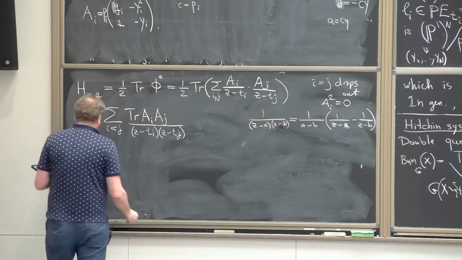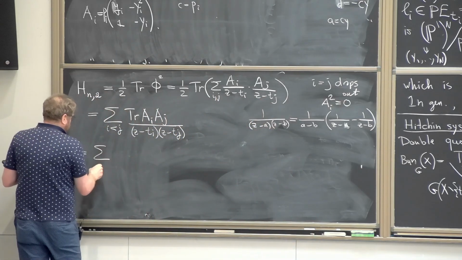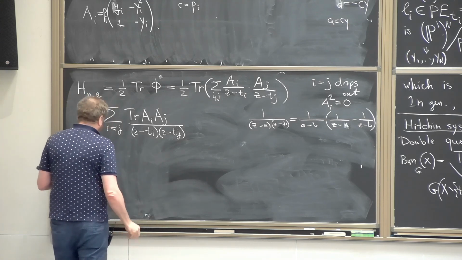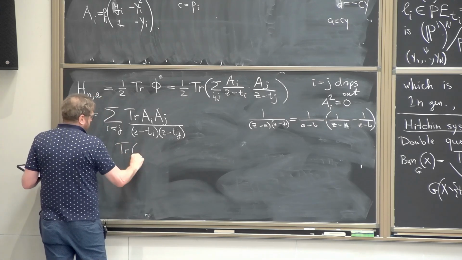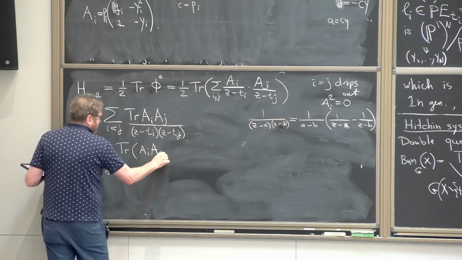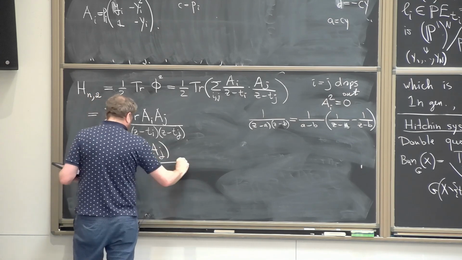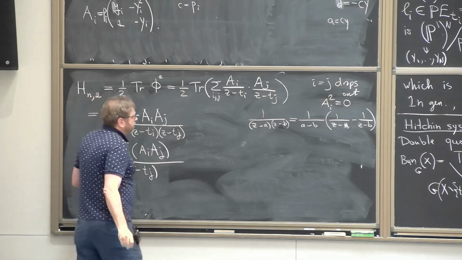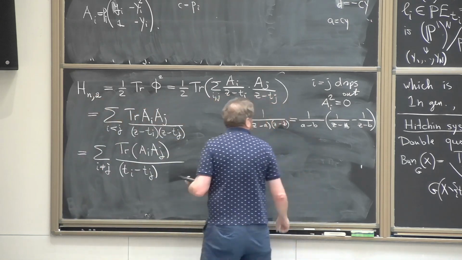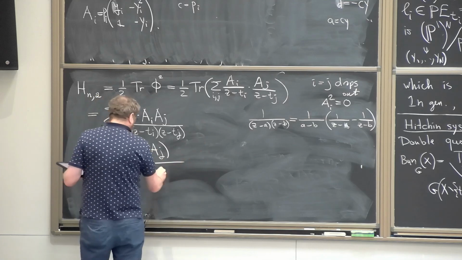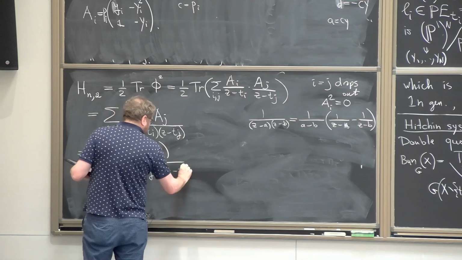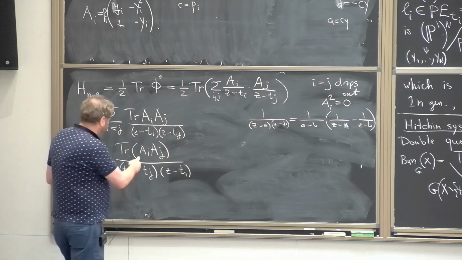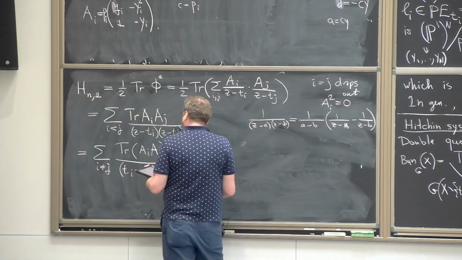And so this can be written, therefore, as the sum over i different from j of the trace of a_i a_j over t_i minus t_j, times 1 over z minus t_i. Okay, so now it remains to calculate this trace of a_i a_j.